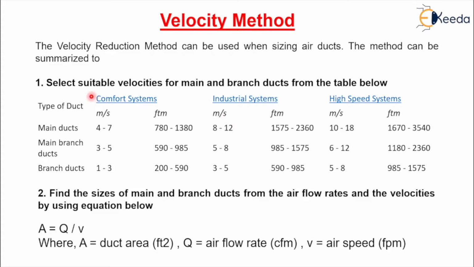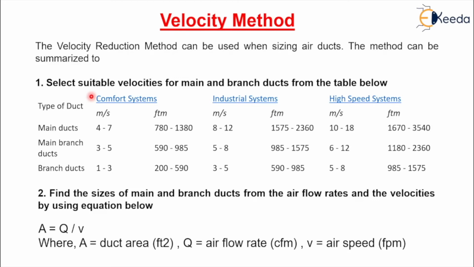Friends, you know very well, in a duct system, from the air equipment the air flows through the main duct, and through that main duct the air is distributed to the building. And after that, the air will flow into the individual rooms.